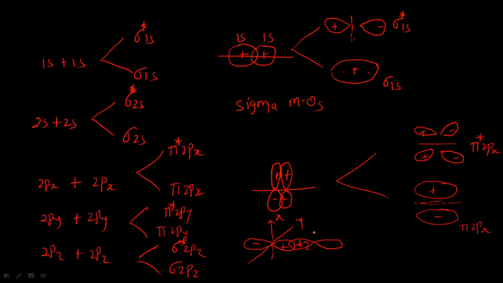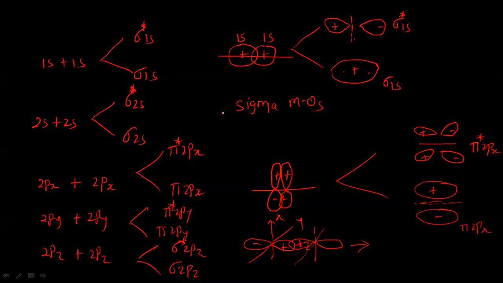It can overlap, so we can show this positive overlap. The lobes lie along the internuclear axis, so it gives a sigma bonding molecular orbital and an antibonding molecular orbital.